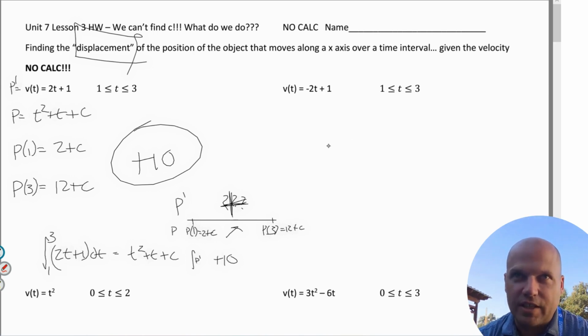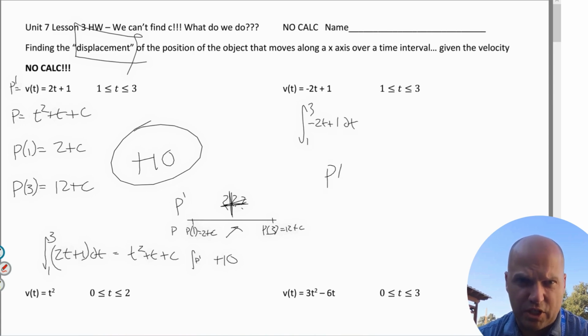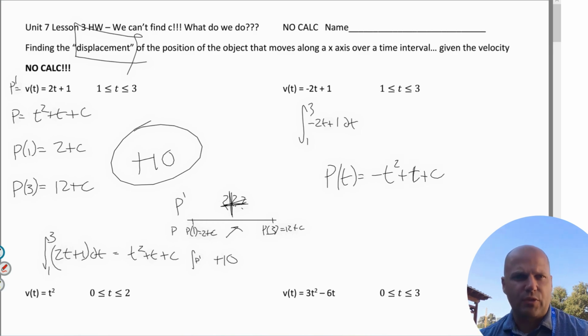So like you don't even have to write this anymore. You don't even have to go like write this. You could just go straight to the accumulation of my derivative if you want to do this, or you could just say my displacement comes from the change of my position. And I know my position at 3 and my position at time 1, and I'm just going to subtract them.